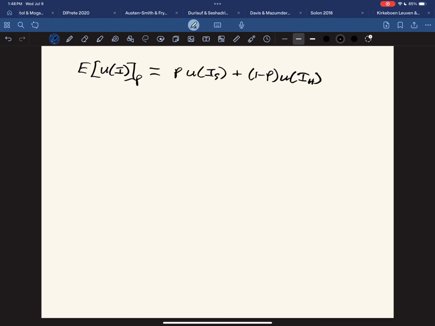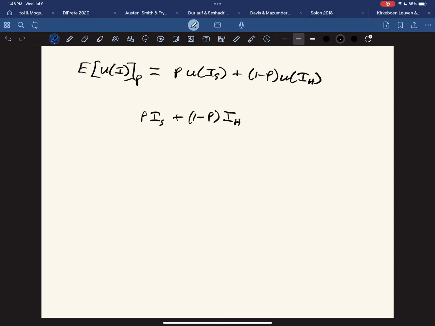And so let's think about this. Let's say somebody comes along and says, hey, I'm going to offer you a weighted average of IS and IH. I'm going to offer you an insurance contract, and instead of a P chance you get IS and a 1 minus P chance you get IH, I'm going to offer you P times IS plus 1 minus P times IH.